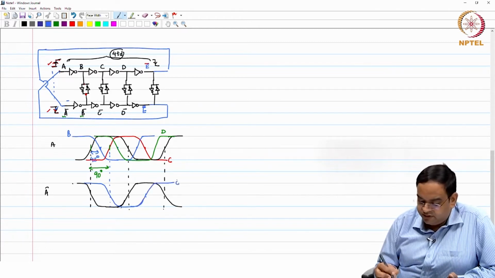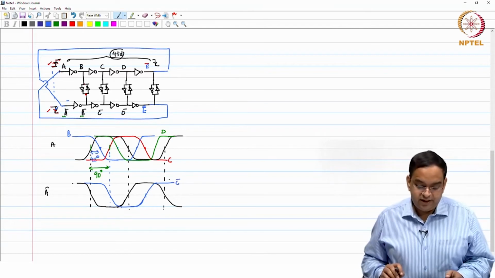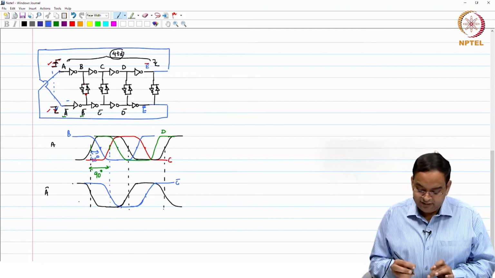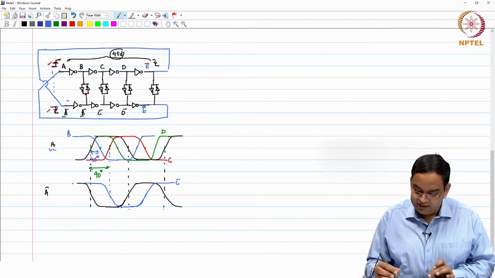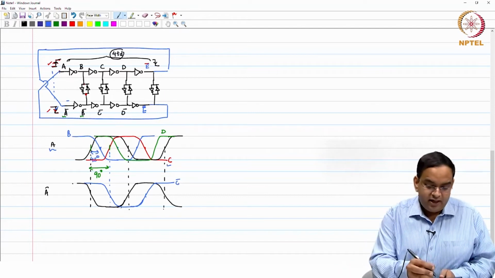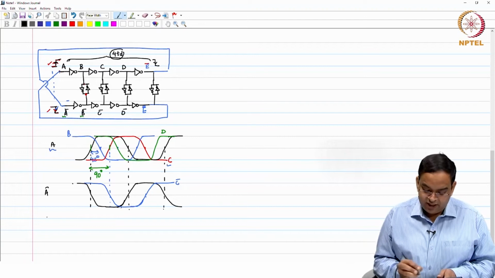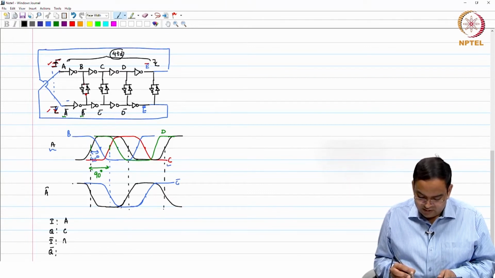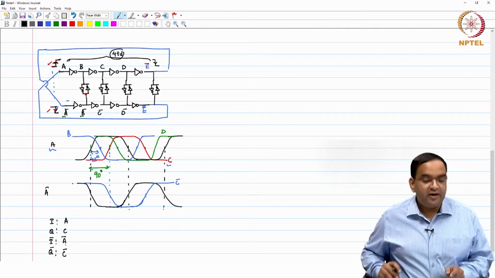Okay, this is C bar. What you can see here is that we can have A bar and C bar signals as complementary of A and C signals, and A and C signals are 90 degrees separated, and A bar and C bar signals are also 90 degrees separated. So, if I want I, Q and I bar, Q bar clocks, I can very well use these phases here. This will be phase A, this is going to be C, this will be A bar and this is C bar.